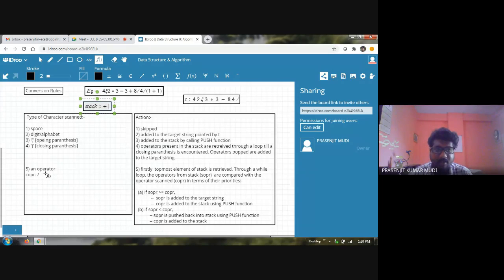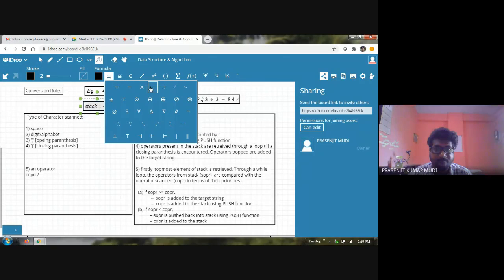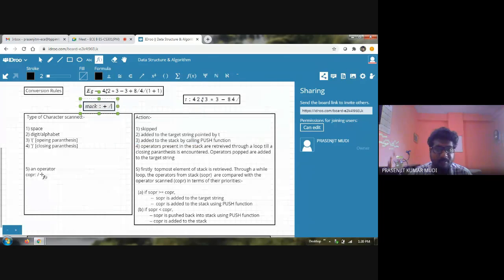And you will find that COPR is of higher priority. So this condition is checked, satisfied. So SOPR is pushed back into the stack using push function, and COPR is also added to the stack. So this is happening.